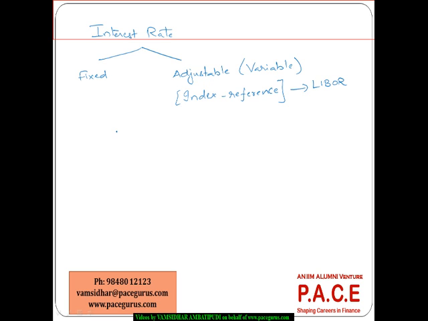Probably there could be a situation where it is fixed for some period, and it becomes floating or adjustable after that. Probably for the first few years, the interest is fixed, and it becomes adjustable later. In that case, we call these kinds of mortgages hybrid mortgages.